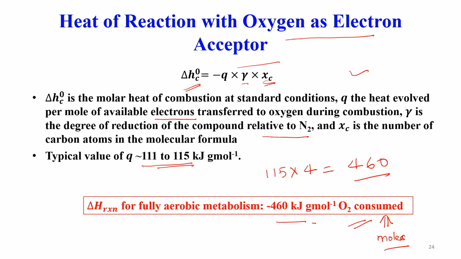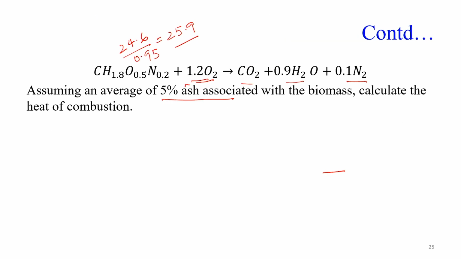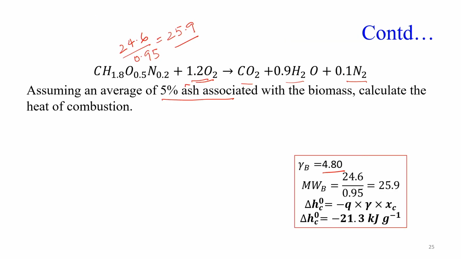Q is 115 kilojoule per gram mole, and if you multiply this, you will get kilojoule per mole, and further it can be converted to kilojoule per gram as the molecular weight is known to us.